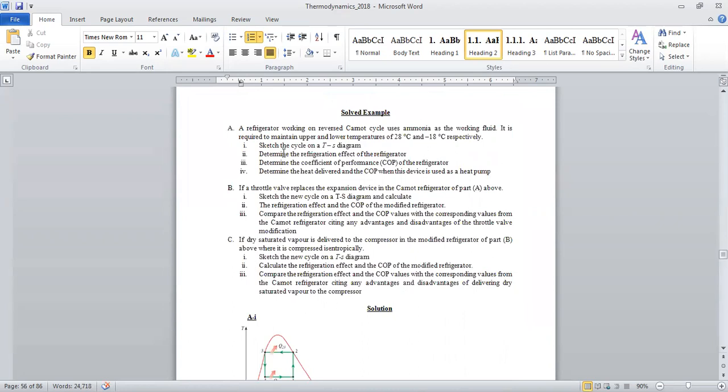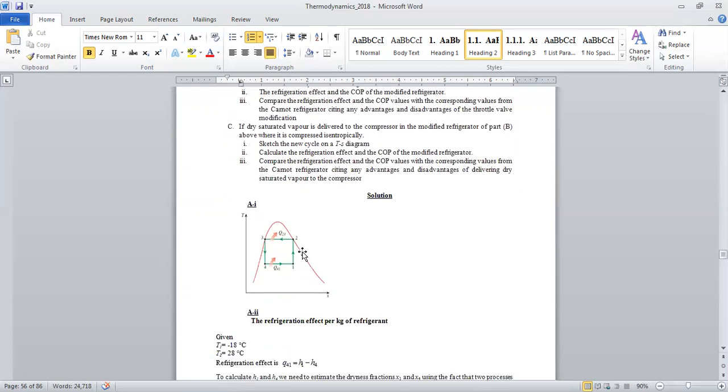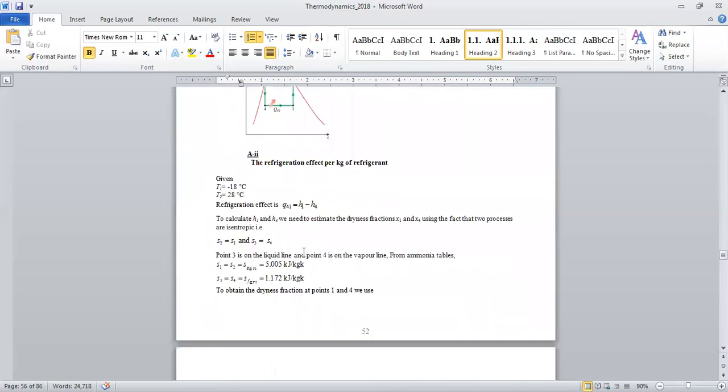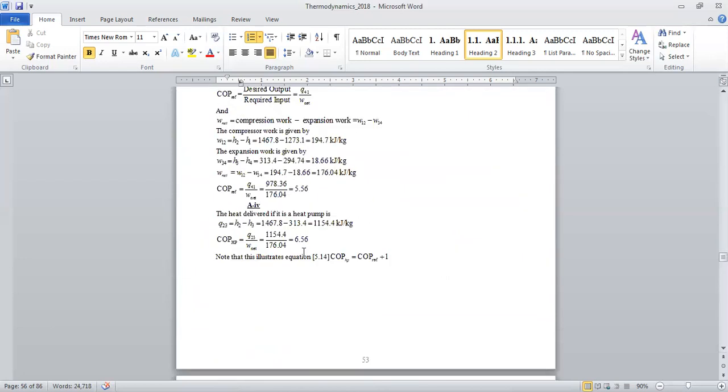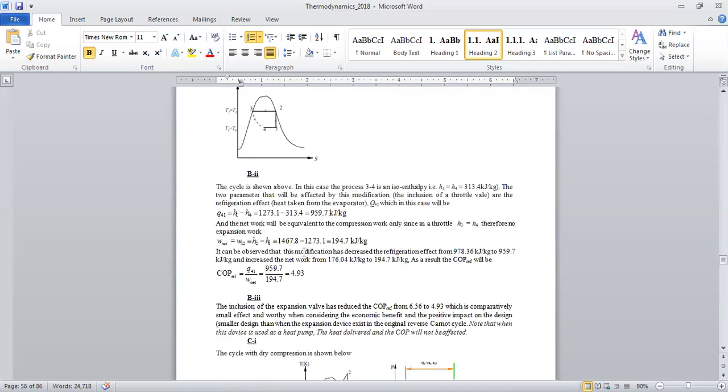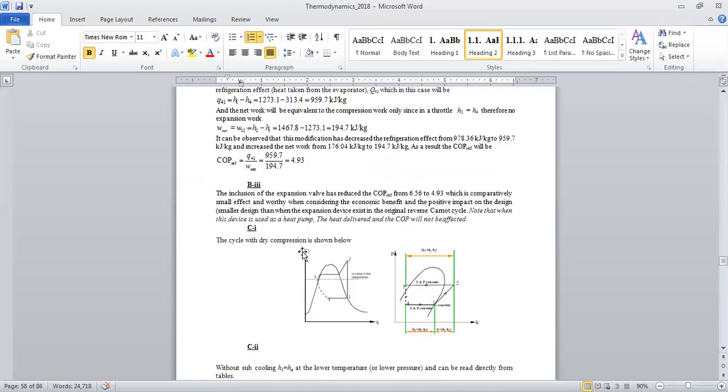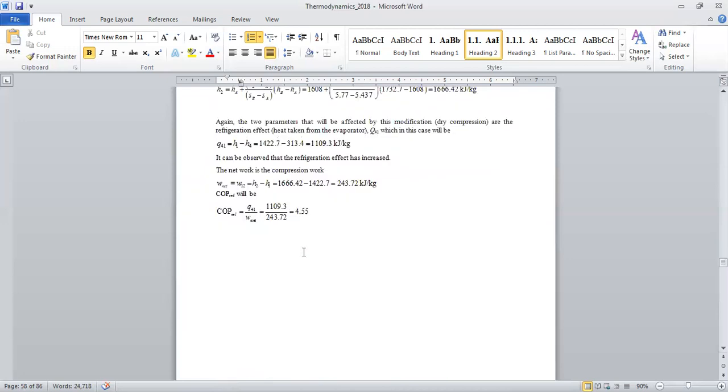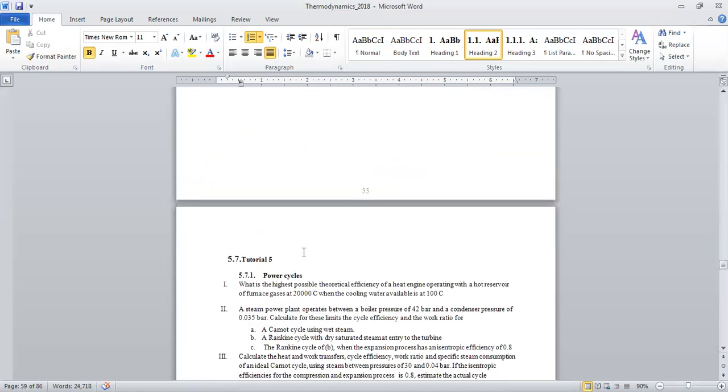Okay. Refrigerator question. Okay. Carnot refrigerator. And this is about, again, the reverse, about refrigeration. Okay. So you have the solved example. Yeah. So just doing this is enough.